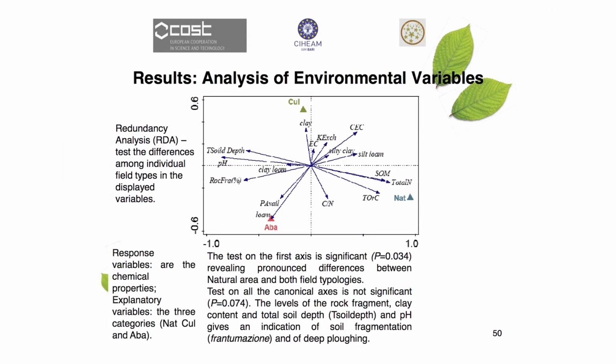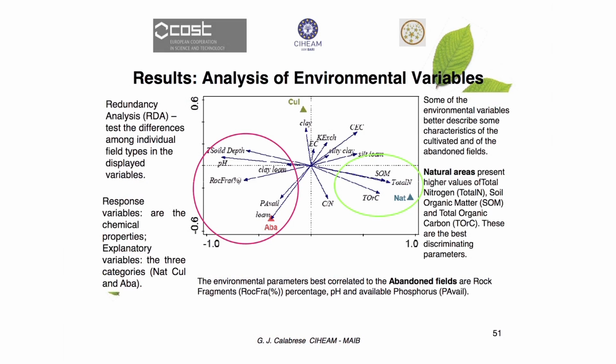As we go on, we can evidence that in this case, there is a redundancy analysis where the response variables are the chemical properties, in order to see if the chemical properties respond to this kind of correlation. And we have a kind of response. So we know that natural areas present higher values of total nitrogen, soil organic matter, and soil organic carbon.